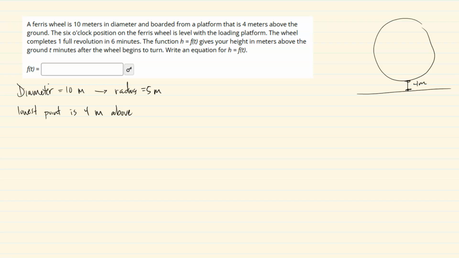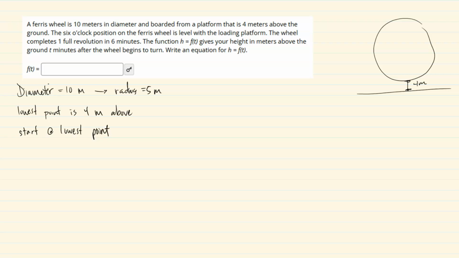Okay, the 6 o'clock position is level with the platform. That tells us that the function should start at the lowest point. So we start at the lowest point.